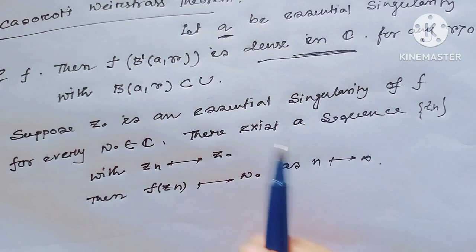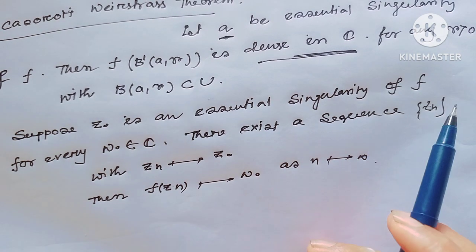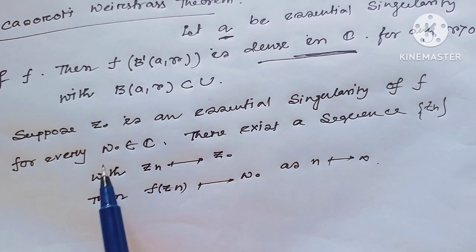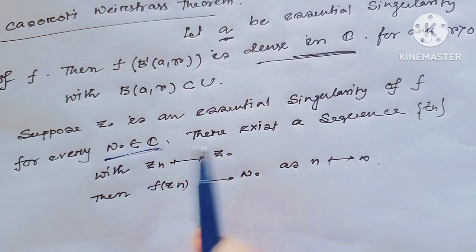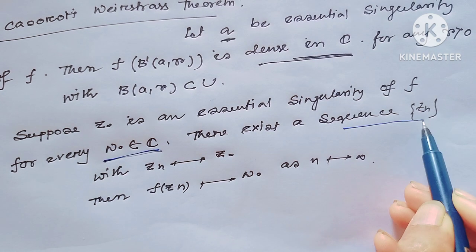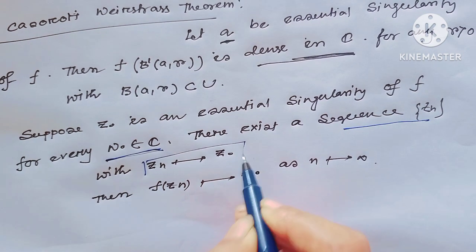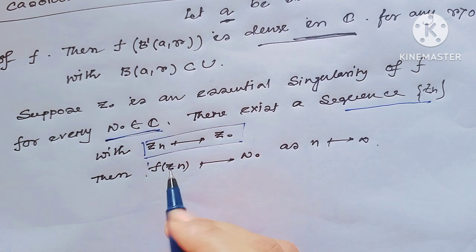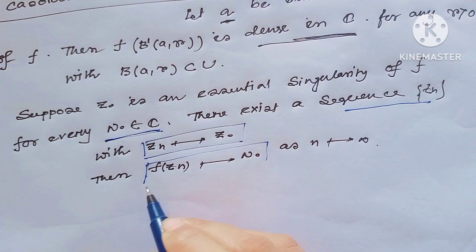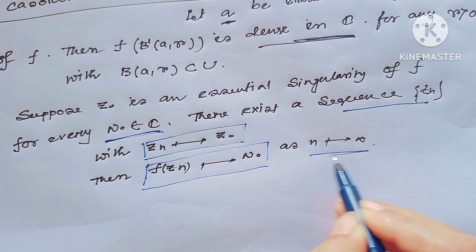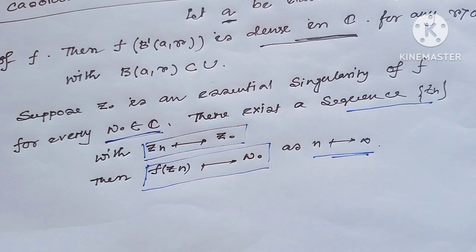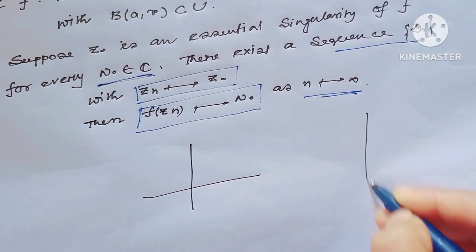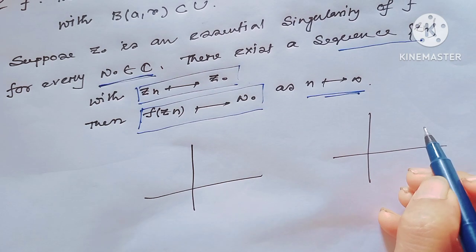And sequentially we can say, suppose z0 is an essential singularity of the function f. Then for every w0 belonging to the complex plane, there exists a sequence z_n with z_n going to z0 such that f(z_n) goes to w0 as n goes to infinity. The picture would be of this type. This is the domain and this is the codomain.